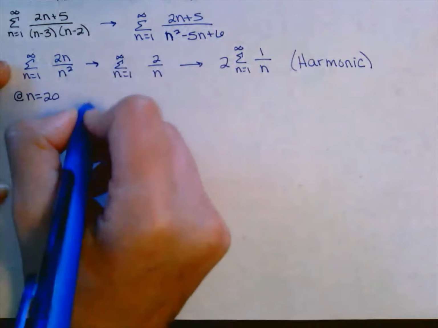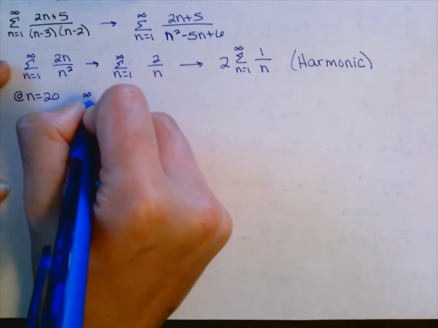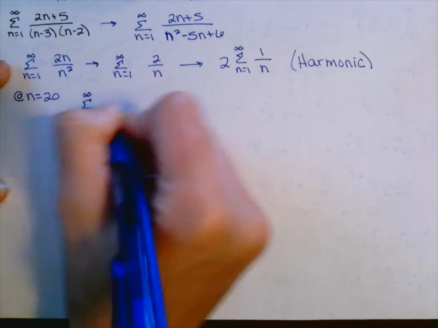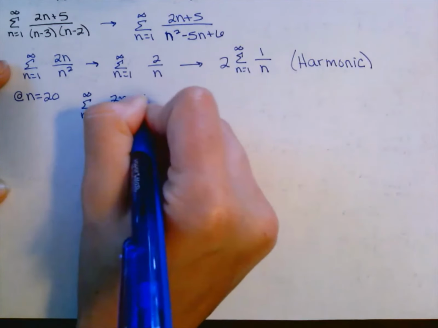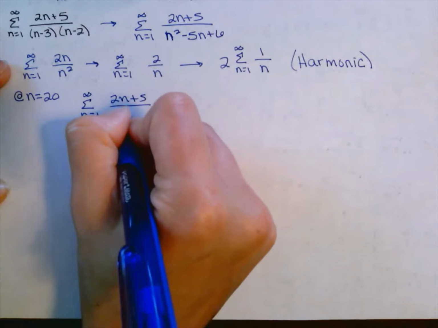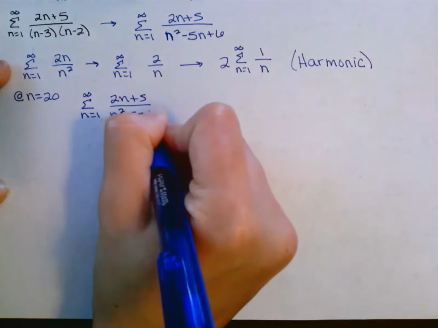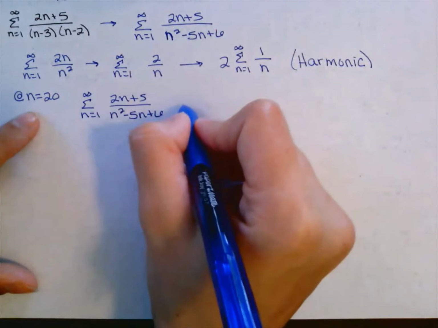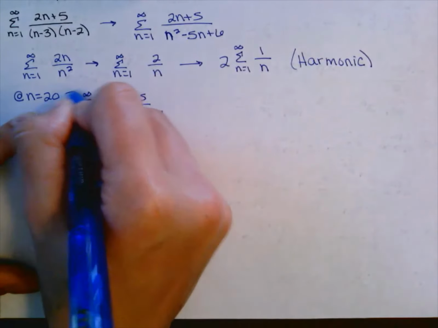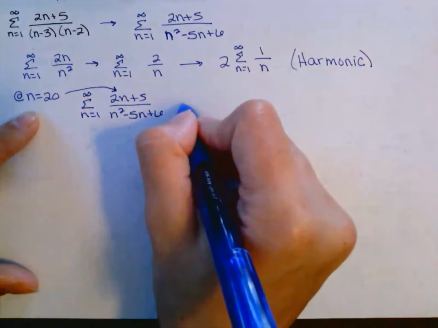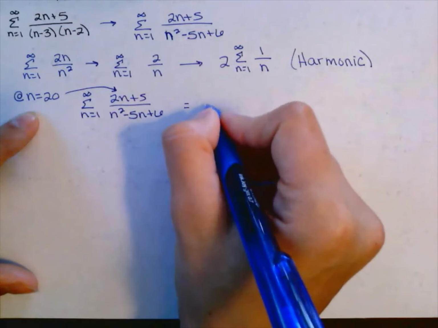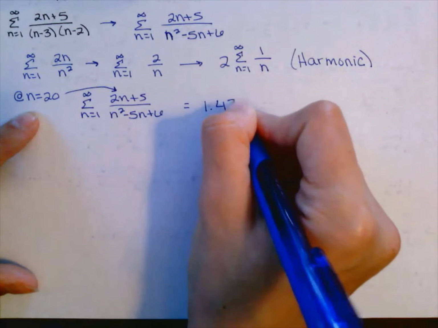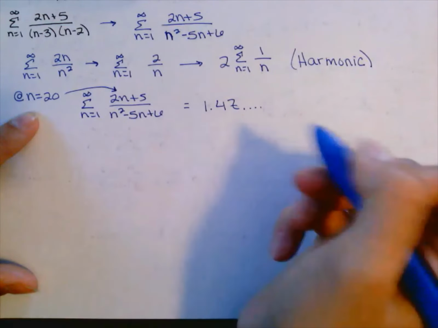If we plug this into our calculator, we get that the original, just checking it at 20, is going to be about 1.47 if you put that in your calculator.